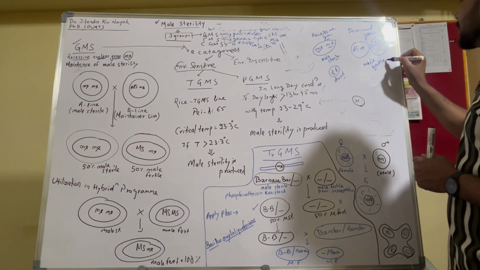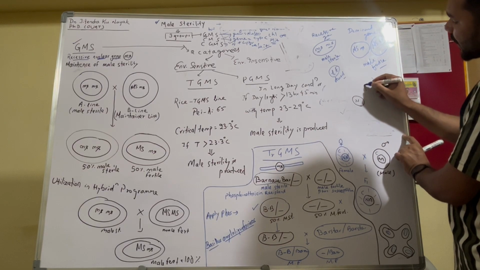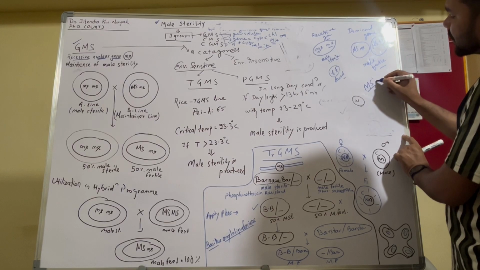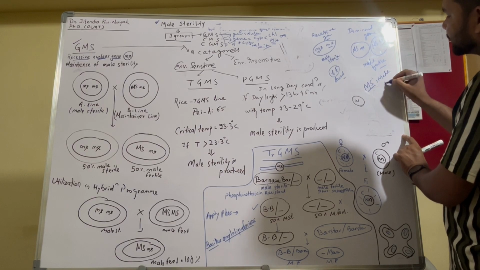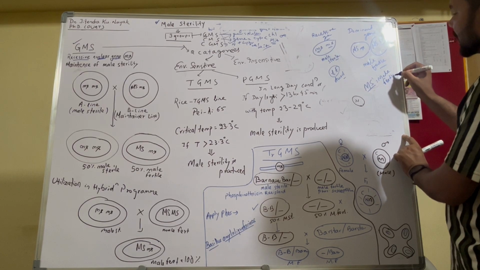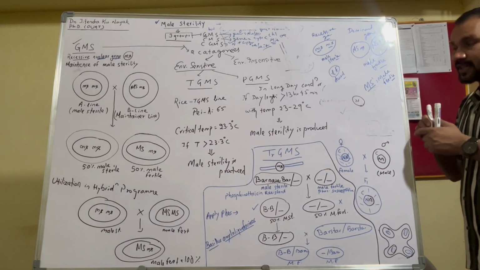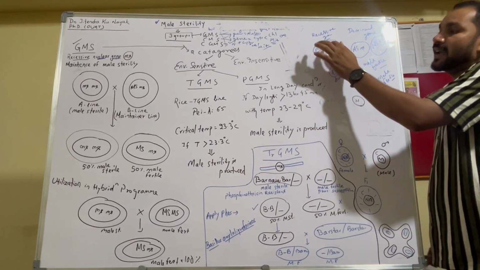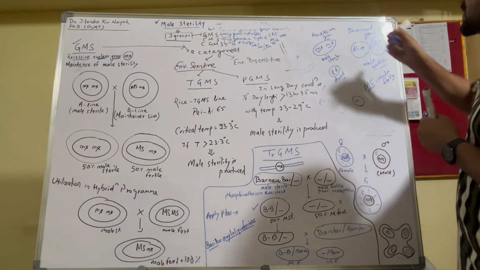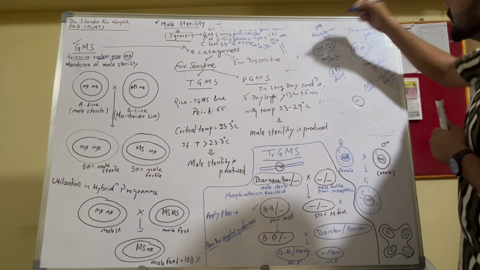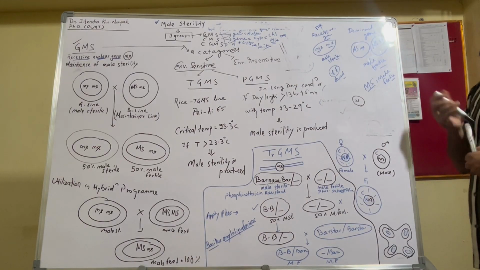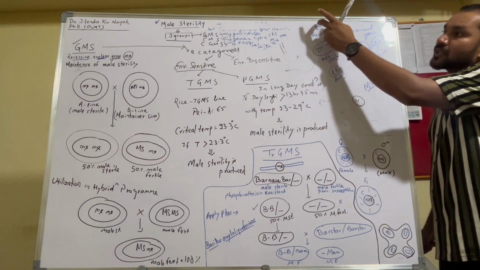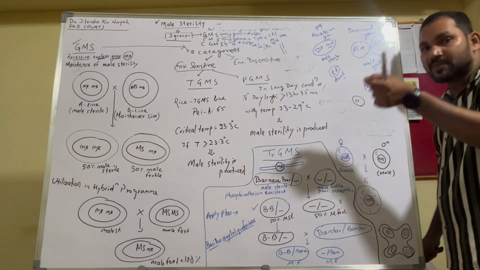Both of these become male fertile because capital MS means male fertile. Male sterility is controlled by the small ms gene, which is a recessive gene.